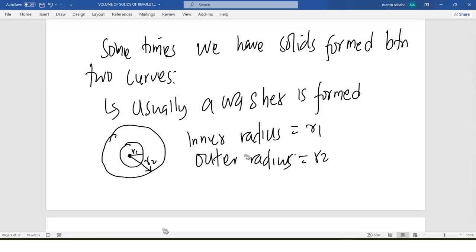They could be intersecting at 2 points, and therefore the solid formed in between them can be a washer when you look at its cross section area, and therefore you'll find that this washer has internal radius R1 and outer radius R2. So in most cases, when you want to get the volume, you will find that you are subtracting the two, and therefore you are talking about this area is the one you're looking for.